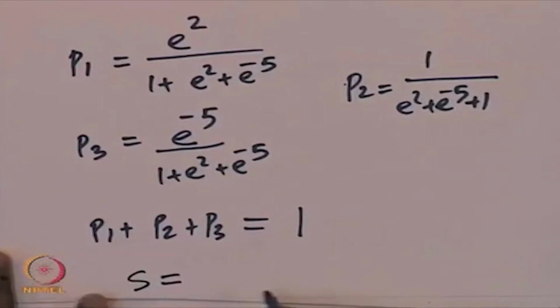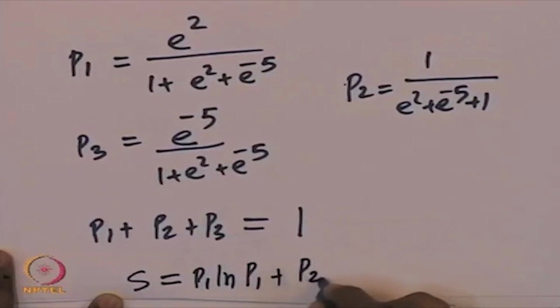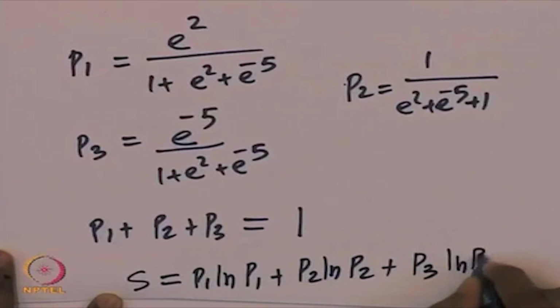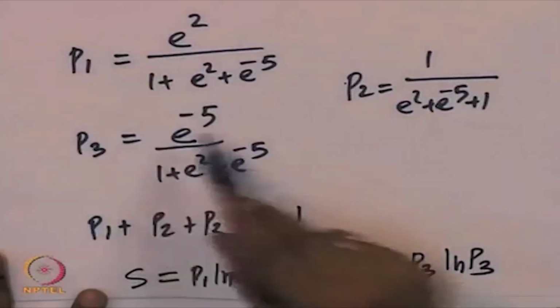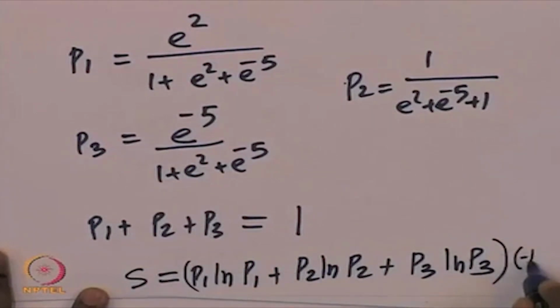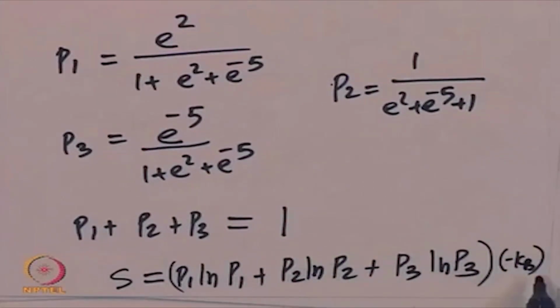The entropy of this system is P1 log P1 plus P2 log P2 plus P3 log P3. If you add this and multiply with minus Kb, you will get the entropy. So, minus Kb times P1 log P1 plus P2 log P2 plus P3 log P3, this will be the entropy.